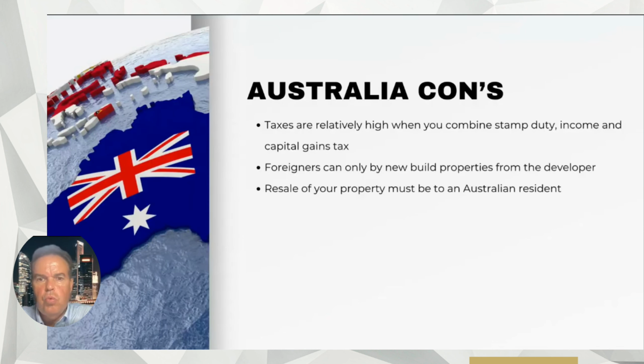And so again, one of the things to consider is, who are you going to sell to? If you have to sell to an Australian resident, how many Australians are going to be looking at, let's say, downsizing to an apartment block, typically in the city centre? So again, just food for thought about your exit strategy.